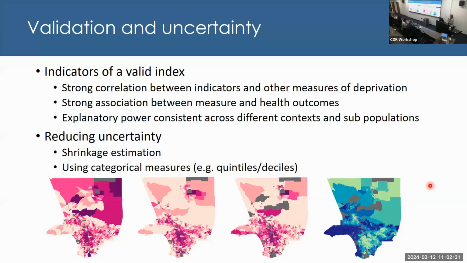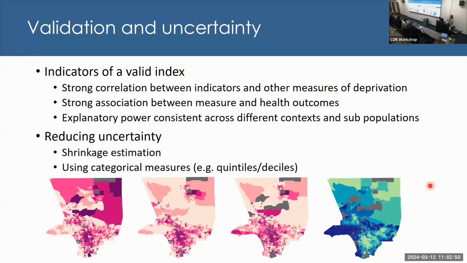Finally, the last thing is reducing uncertainty. For some very small areas with low populations, there might be uncertainty in the measures. So for example, the American Community Survey publishes the confidence intervals or the margin of error of each indicator.